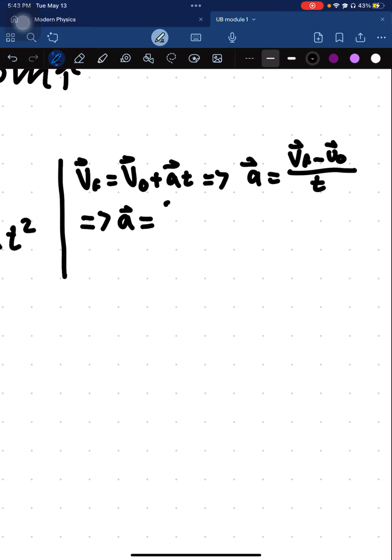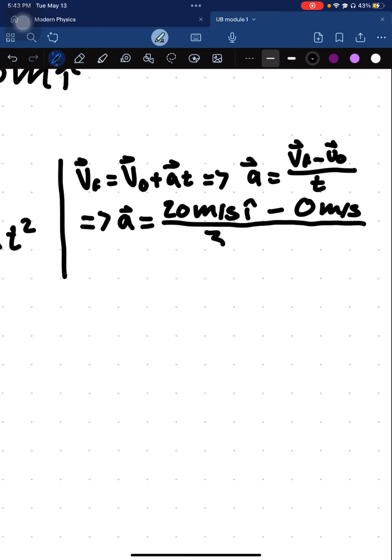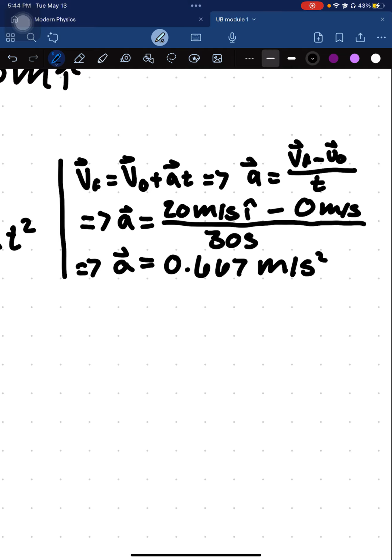Acceleration is equal to 20 meters per second I hat minus 0 meters per second. 0 doesn't need a direction. Over 30 seconds. And this implies that acceleration is equal to 0.667 meters per second squared.